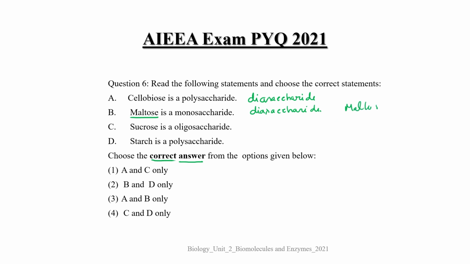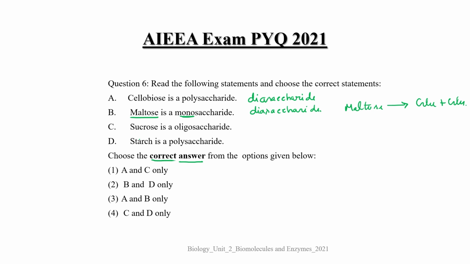So maltose gives glucose plus glucose. So it is a disaccharide, not mono, right? Sucrose is a disaccharide, but it is also considered under oligosaccharides, because a few molecules come under the oligosaccharide category.